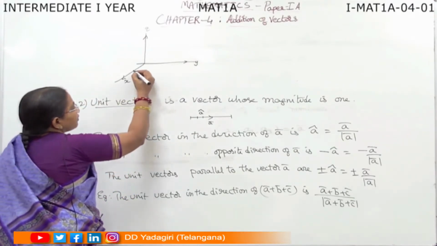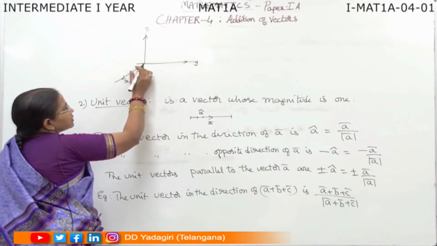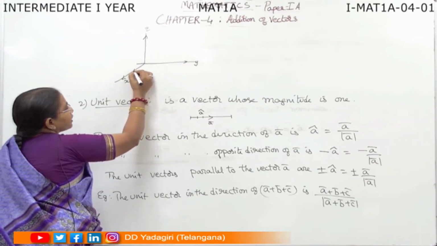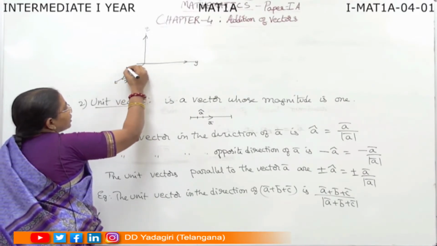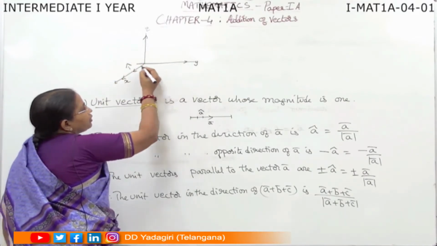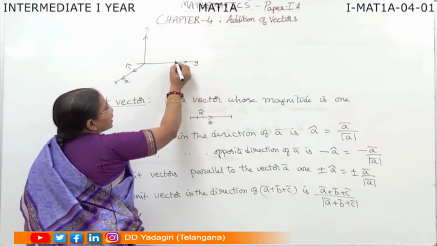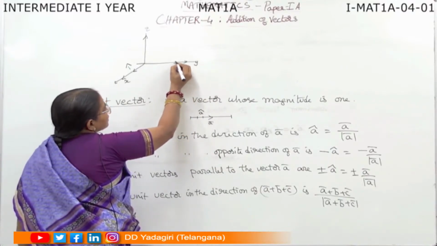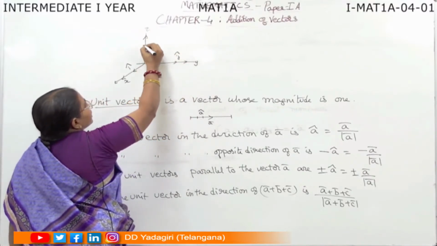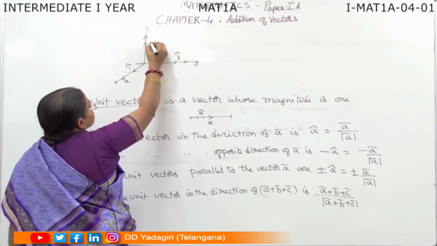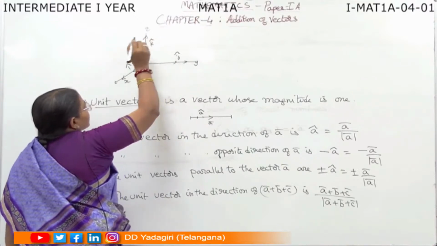Suppose that this length is 1 unit. So the unit vector in the direction of positive x-axis is denoted by i cap. The unit vector in the positive direction of y-axis is denoted by j cap. The unit vector in the positive direction of z-axis is denoted by k cap.